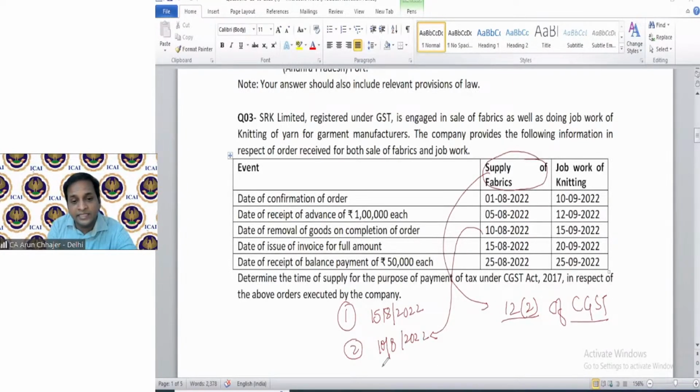And there is clause B, section 12, subsection 2, clause B, which talks about the date on which I have received the advance, so 5th of August.